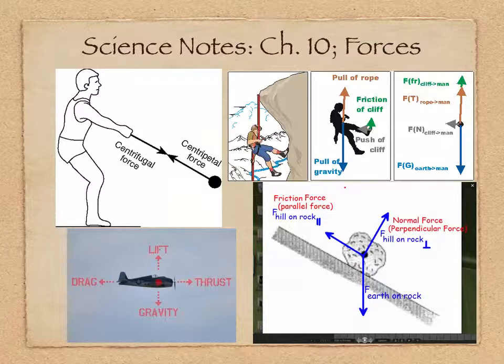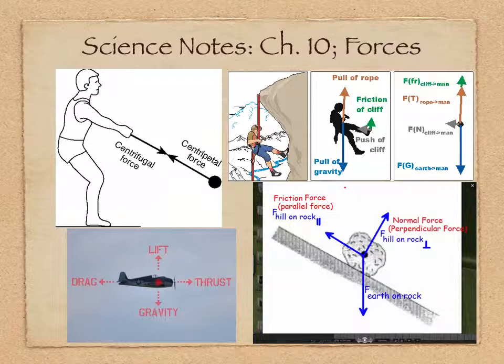Any kind of motion can be represented with a series of arrows that we really looked at last week. And here's a diagram right there about a mountain climber who's got a force of the rope pulling on him, the force of gravity pulling down against the rope. Same thing with the airplane in the lower left.